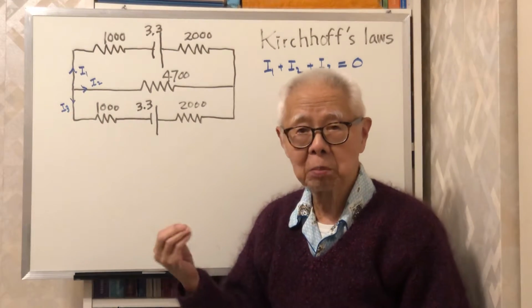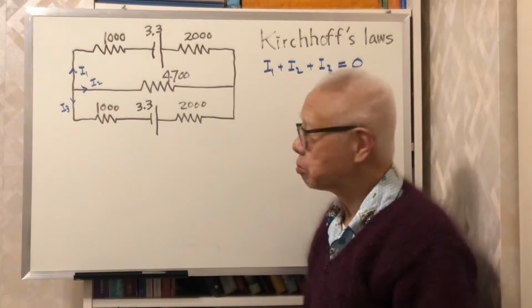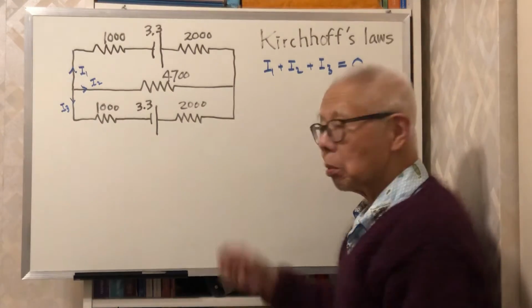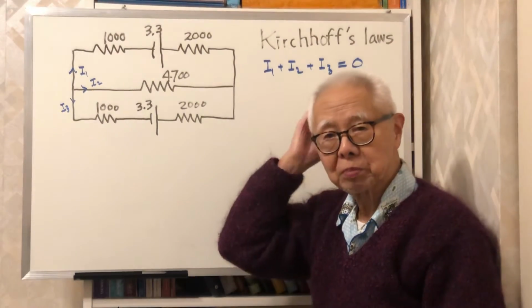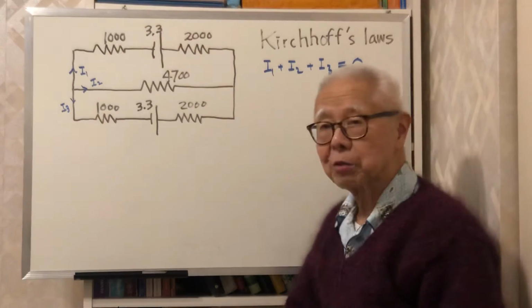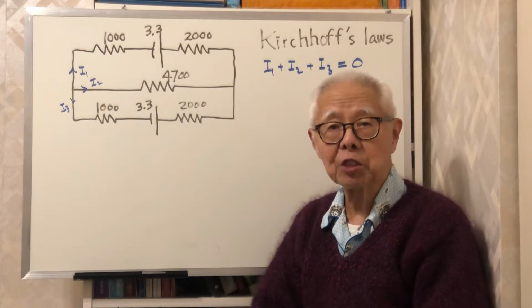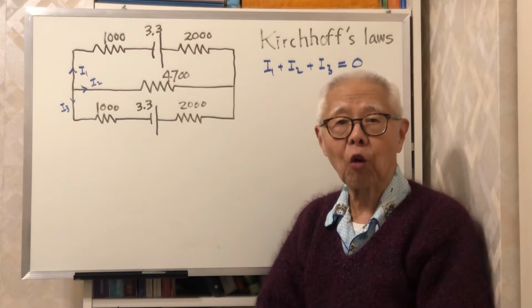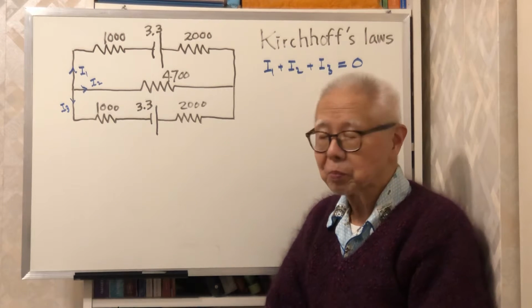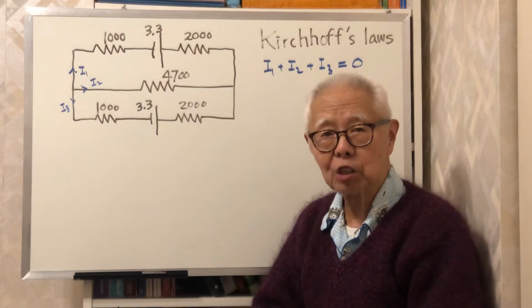Therefore, their sum must be 0. This is one equation. So I have 3 unknowns, I1, I2, I3. I need 3 equations to solve for 3 unknowns. This is one equation. I need 2 more.